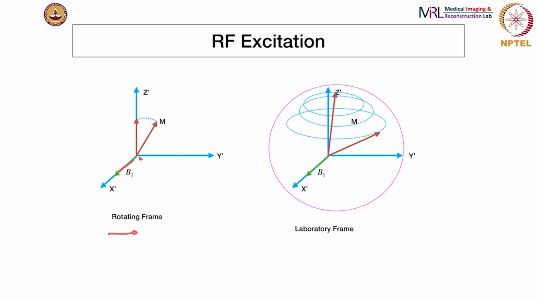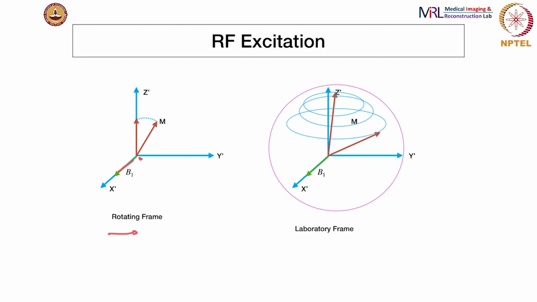Depending on the duration, if you want to tip into the plane, you have to apply it for a proportional period of time. But if you look at it from the laboratory frame of reference, the M is actually spiraling into the plane. If you look at it in the rotating frame of reference, it's just tipping into the plane.